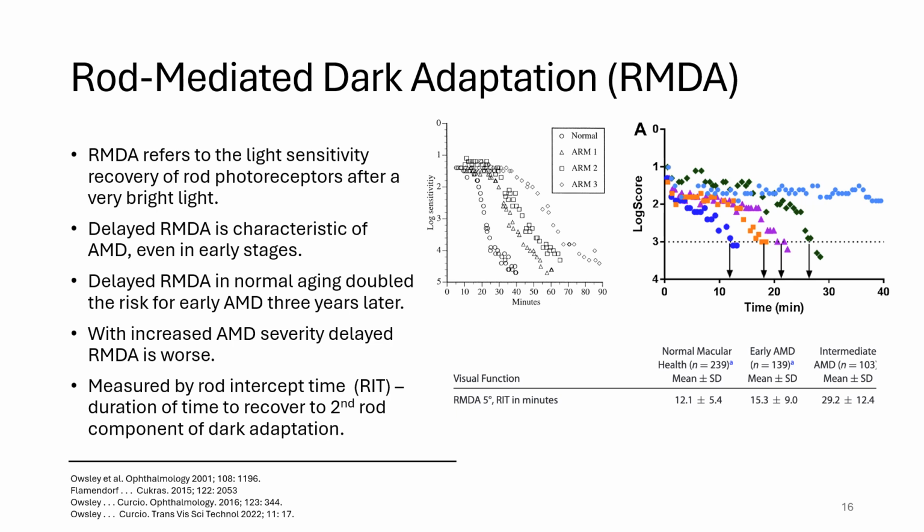The bottom table shows in the ALSTAR study how rod intercept time gets longer as you increase from aged normal to intermediate AMD. Rod intercept time averaged 12 minutes in aged normals and averaged a much higher number, 29 minutes, in intermediate AMD.